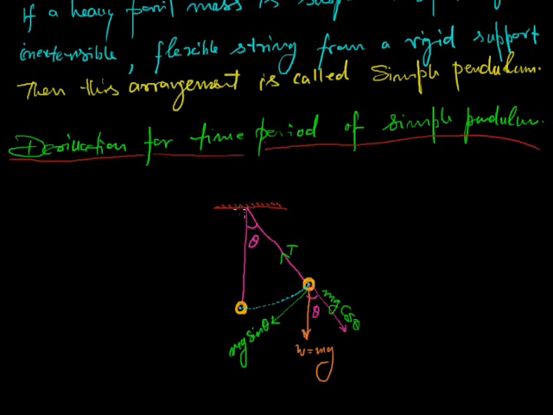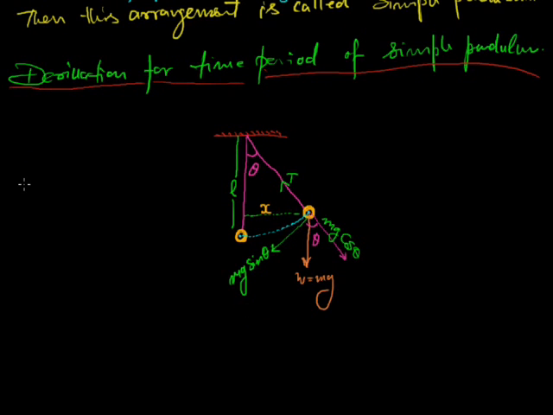Let L be the length of the string, and if theta is small, the displacement of the body is x. Here the restoring force acting on the pendulum is the vertical component of the weight of the body. The restoring force F is equal to minus mg sin theta.